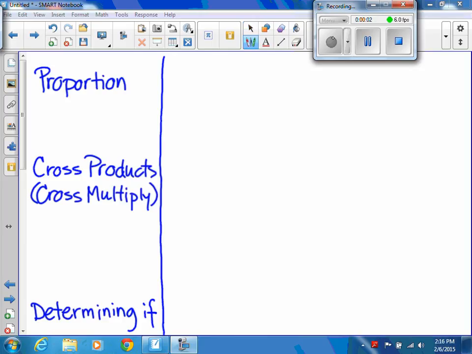Today we're going to be talking about using proportions to solve problems. The main thing of a proportion, we have an equation stating that two ratios are equivalent.